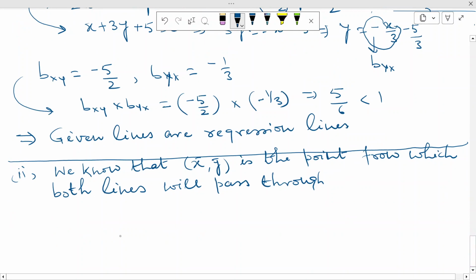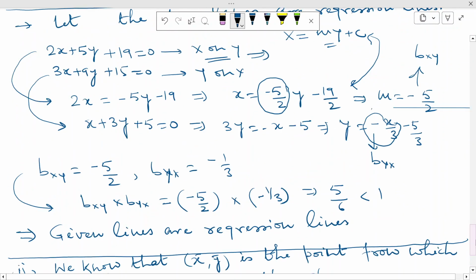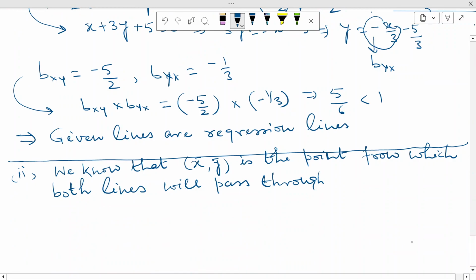So we just need to put these values here. In place of x we will put x bar and in place of y, y bar. So we are substituting x by x bar and y by y bar.